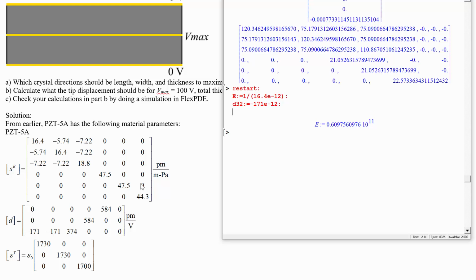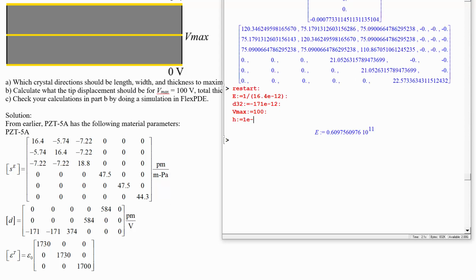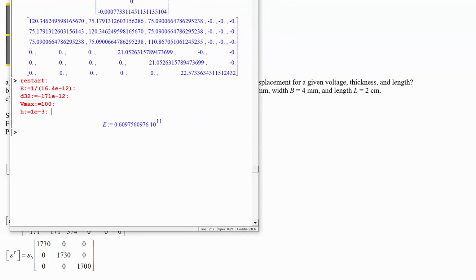And then we're going to need to know what Vmax is. Vmax is 100. And the thickness is H over 2, where H is equal to 1 E minus 3. And we're also given what B is. B is 4 E minus 3, and L is 2 E minus 2.